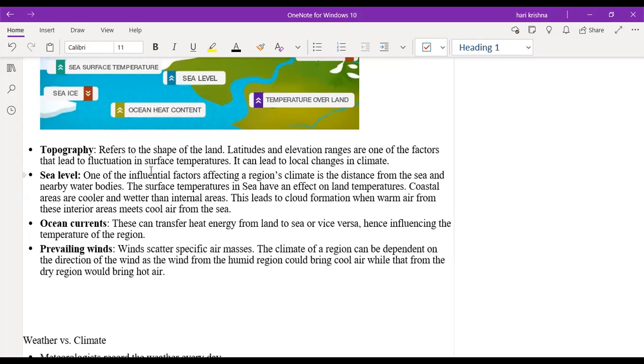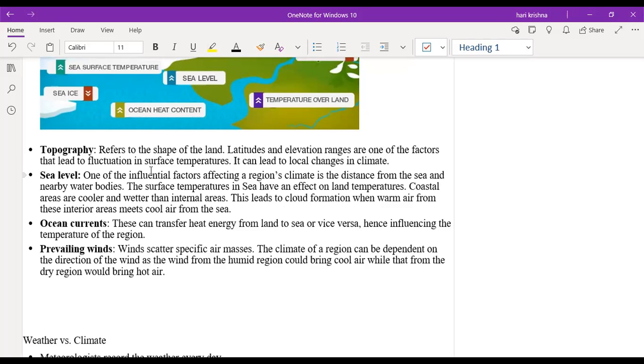It refers to the shape of the land. Latitudes and the elevation ranges are one of the factors that lead to fluctuation in surface temperatures. So topography means based upon the type of land. It can be hilly region or plain region or the coastal area, these things.